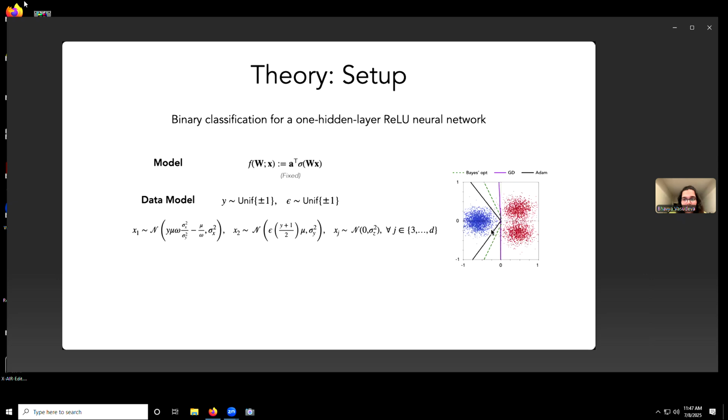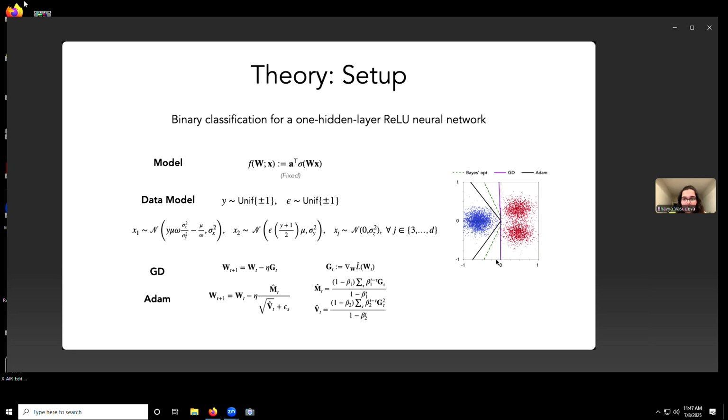The label information is contained only in the first two dimensions. The rest of the dimensions just contain noise. For the sake of completeness, the gradient descent and Adam updates are shown here. And for the theory, we consider the stability constant of Adam to be zero.